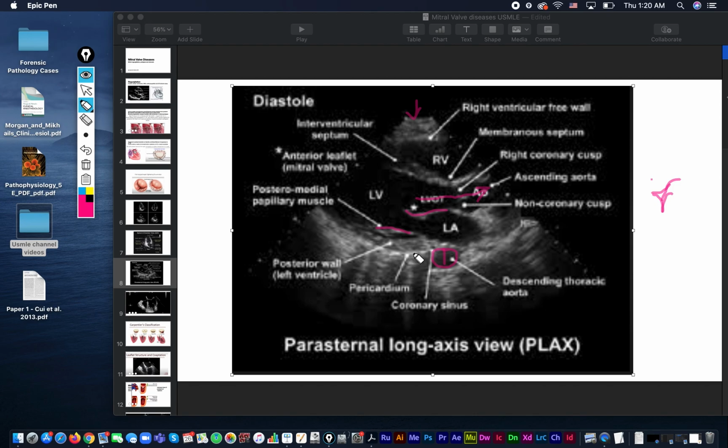And pericardium looks normal. Coronary sinus is there.